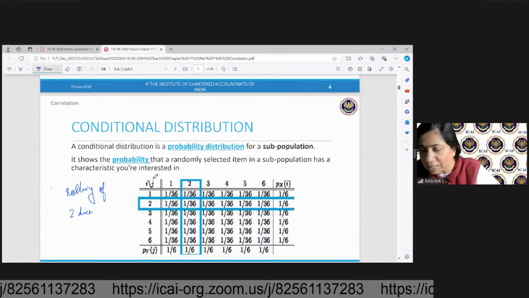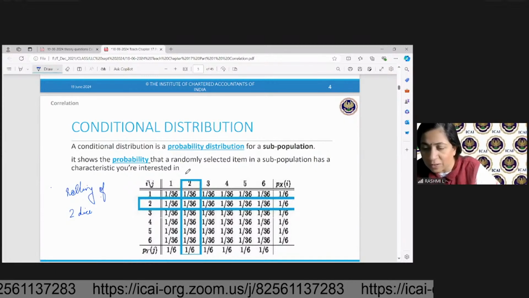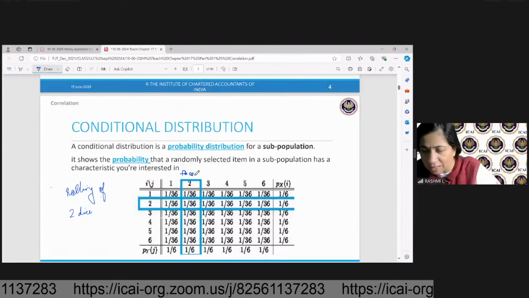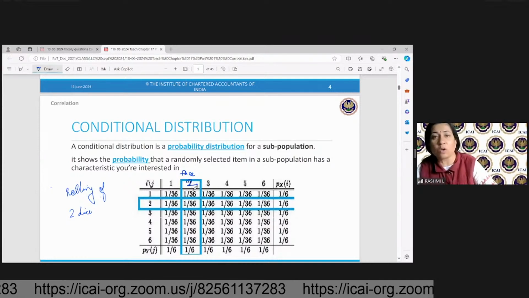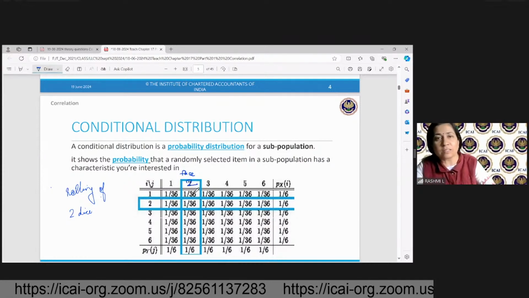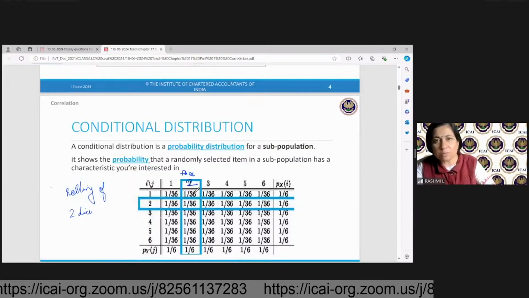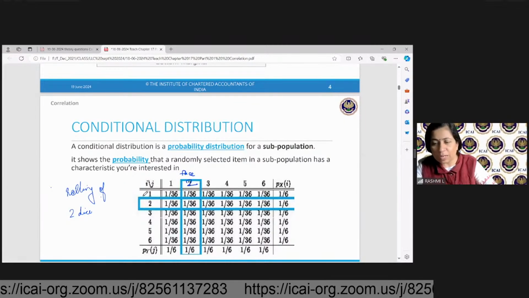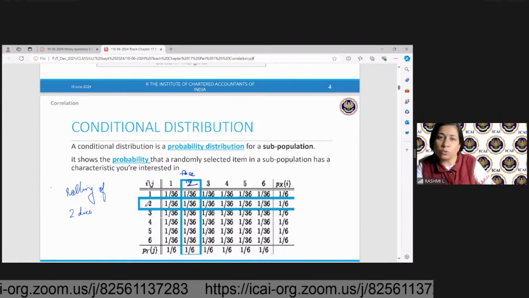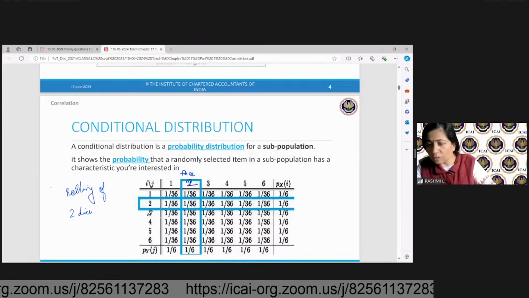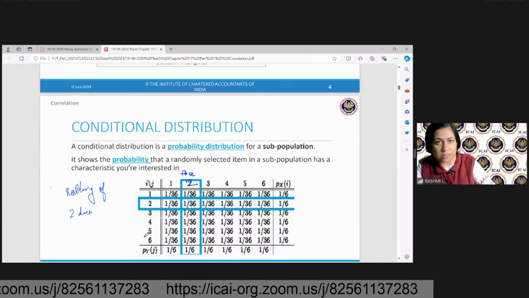Now, what happens if I say that on one face, I have the number 2? What are the possibilities on the face of the other die? You can have a 1, you can have a 2. So it can be 2,1; 2,2; 2,3; 2,4; 2,5; 2,6, right?